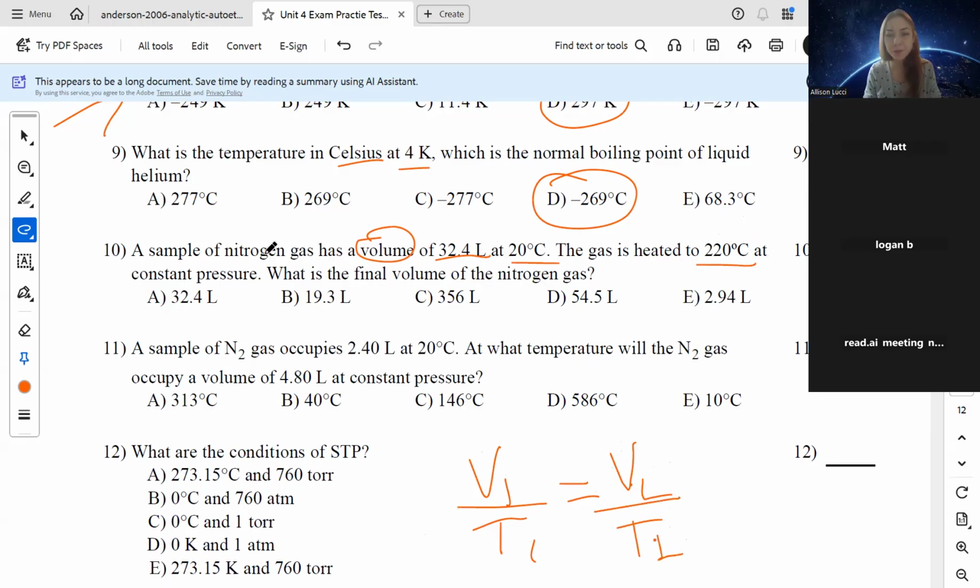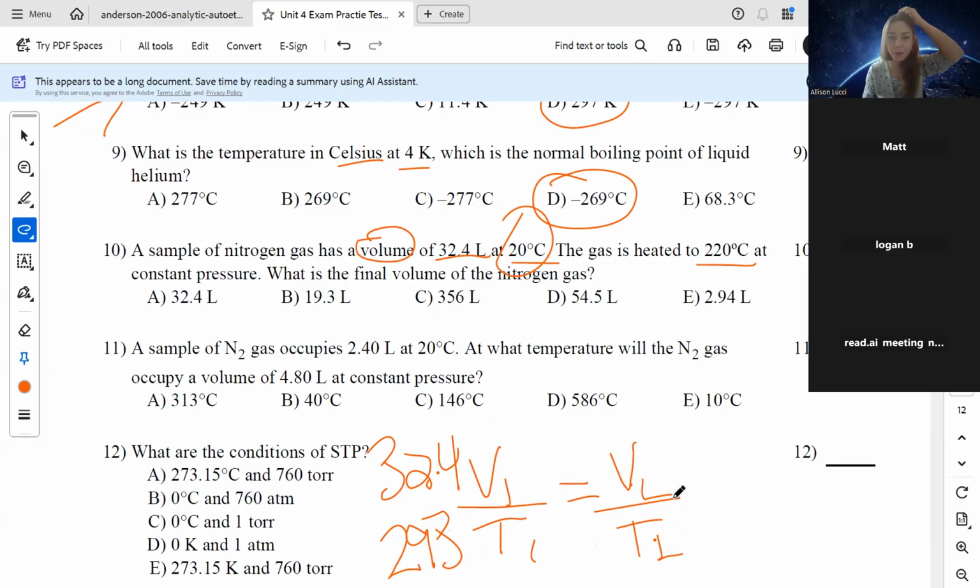So what we can do, once we convert these to Kelvin, is plug in. If I have 32.4 liters as my V1, my T1 will be 293 Kelvin, right? 273 plus 20 that was given.